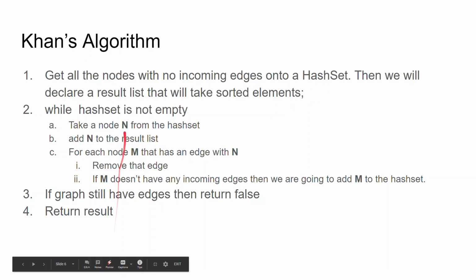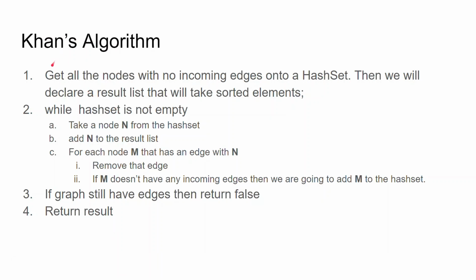The approach of Kahn's algorithm is that we want to get all the nodes with no incoming edges onto the hash set. Then we will declare a result list that will basically take the sorted elements, and at the end we're just going to return this sorted list, right? So while the hash set is not empty, we're going to take a node N from the hash set and then add it to the result list.